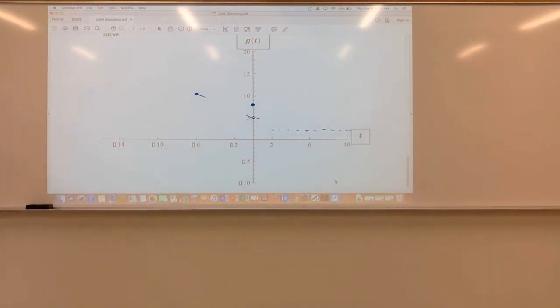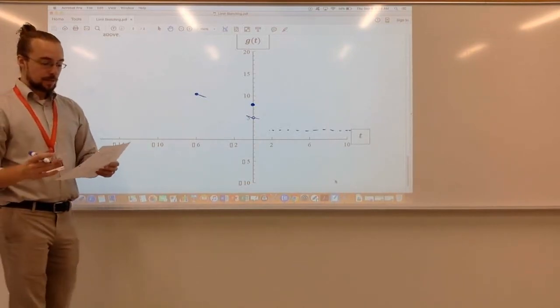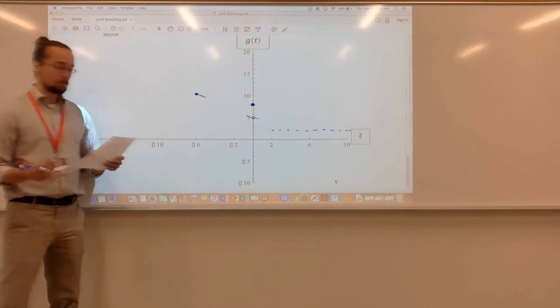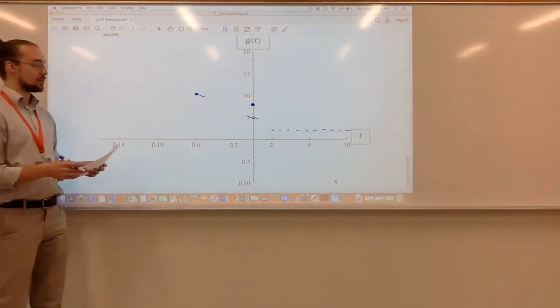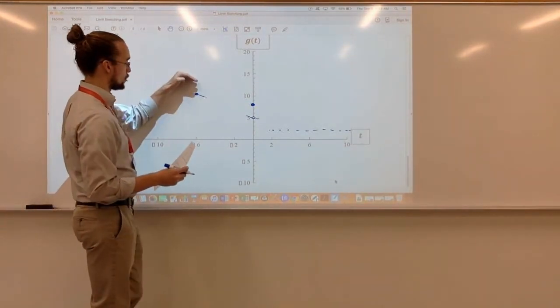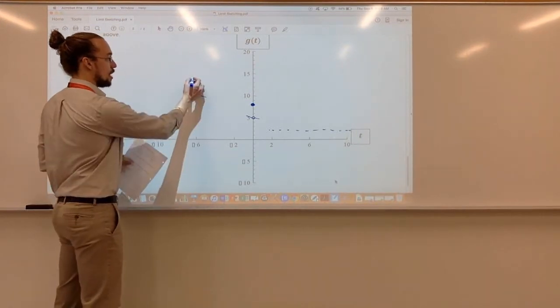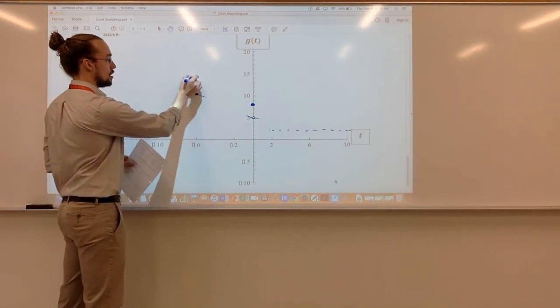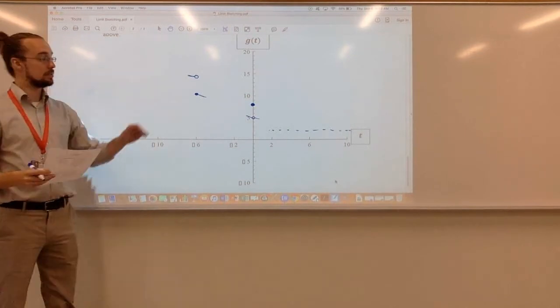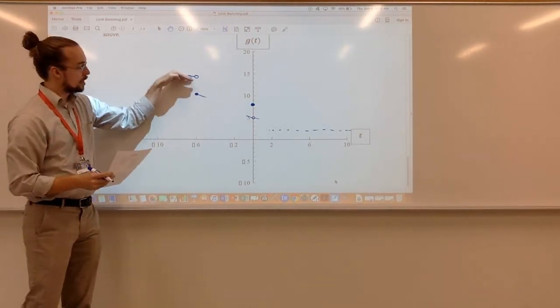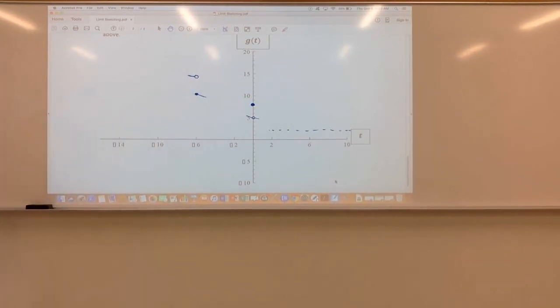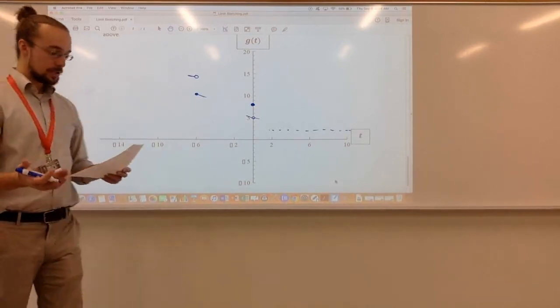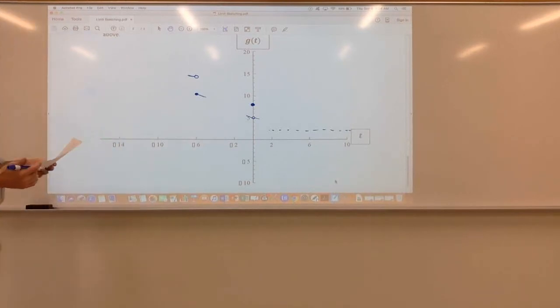The next piece says the limit as t approaches negative 6 from the left is equal to 14. So as I'm coming from this direction, I'm going to be approaching a value of 14. Right? So again, I don't know what's going on over here, but I know I'm coming to a y value of 14. Then it says limit as t approaches negative 10 from the right is positive infinity.